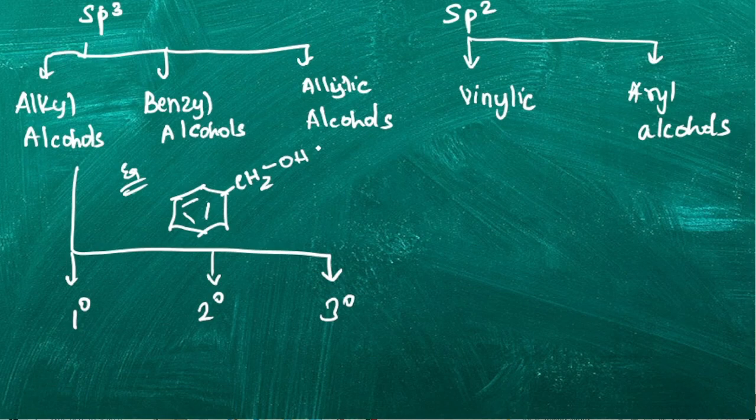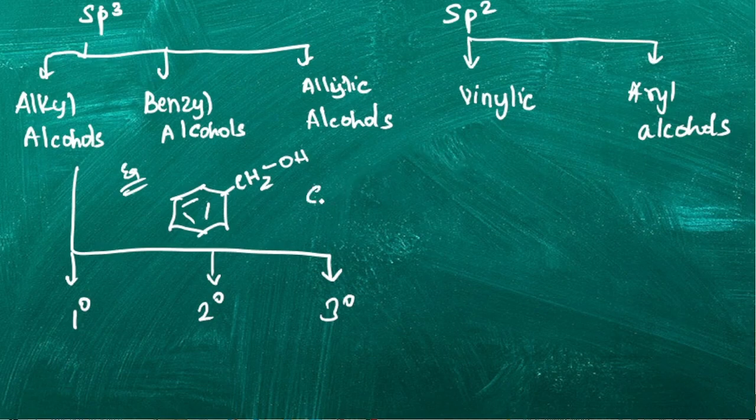If you directly attach the OH to the benzene ring, then it is sp2 hybridized. So you attach it to another carbon on the benzene ring, so that it comes under sp3 hybridization. So this is an example for benzyl alcohol.